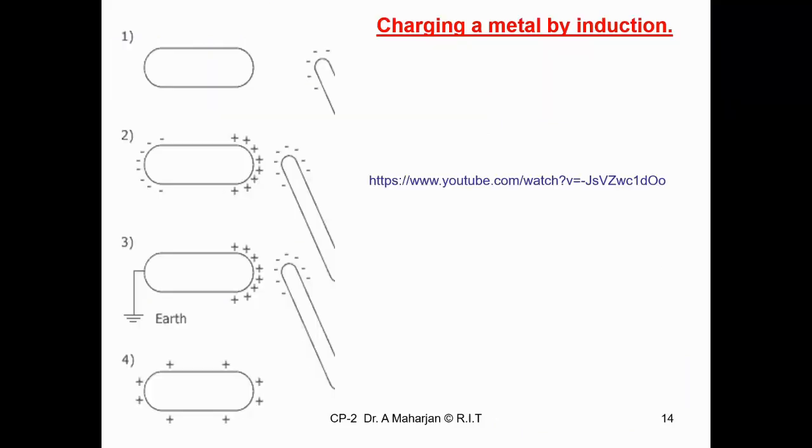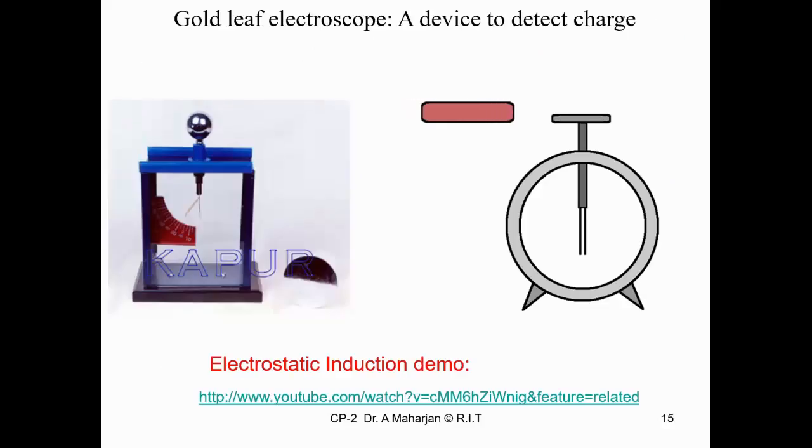And you can just check this diagram, how you can charge any object without touching it. Just see this actual diagram one by one, you will understand. So conventionally, the static charge is measured using an electroscope, and it's called a gold leaf electroscope. Why?